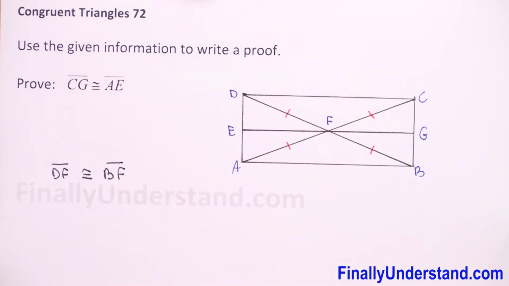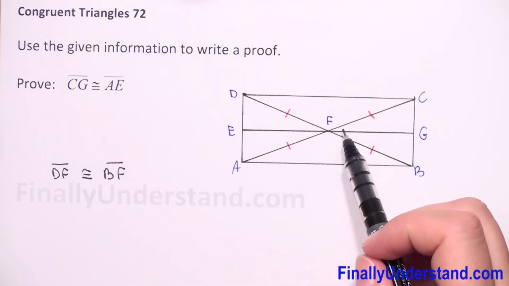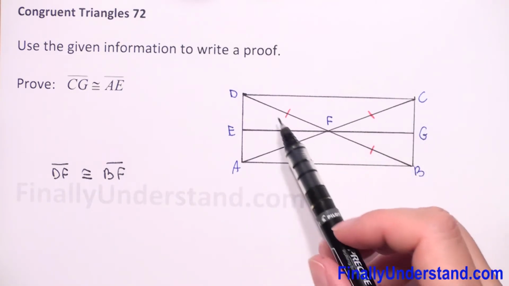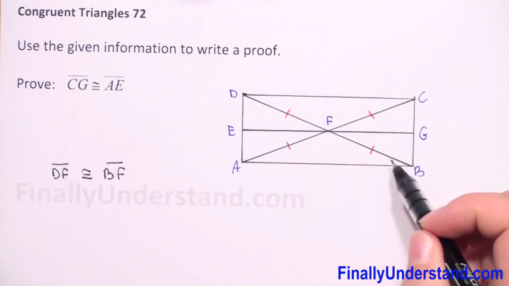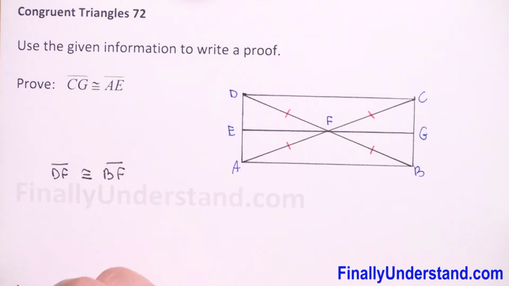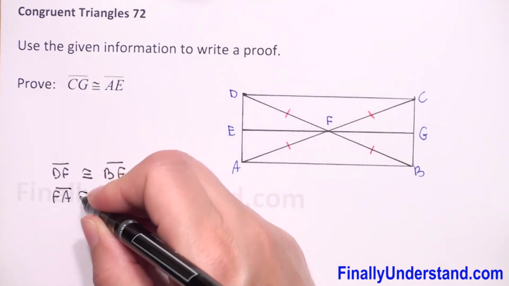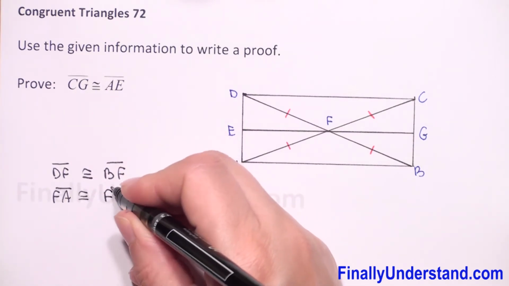What else? We have that FA is congruent to FC and is also congruent to DF and BF. Let me write that FA is congruent to FC.